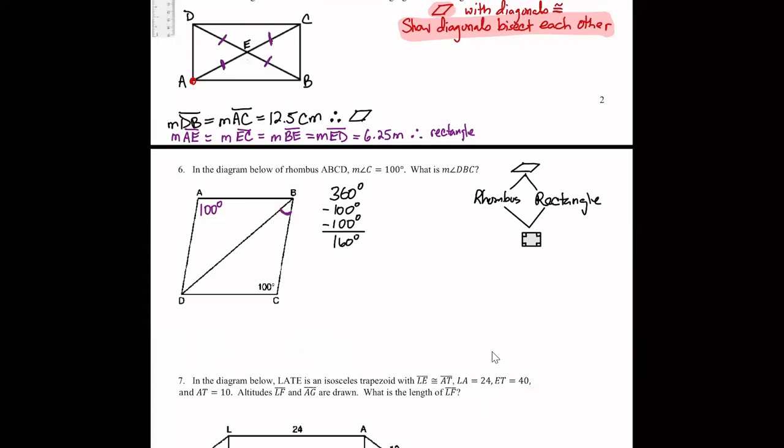If these opposite angles are congruent, they have equal measure. So they have to be the same, but they also have to add to the remaining degree measure that's available, which is 160 degrees. So divide by 2. That gets me 80 degrees. So the whole thing is 80 degrees in each case.